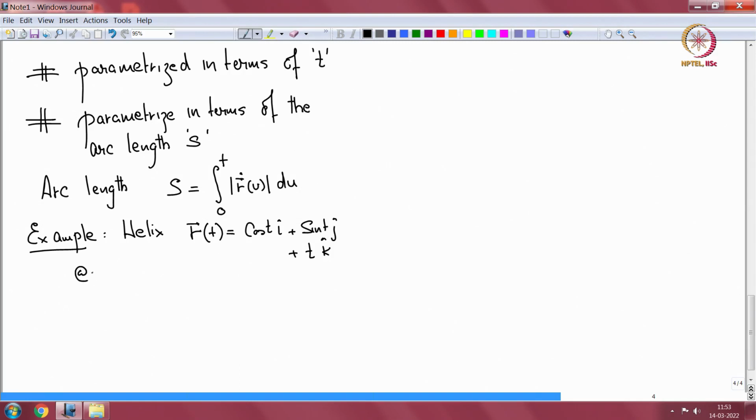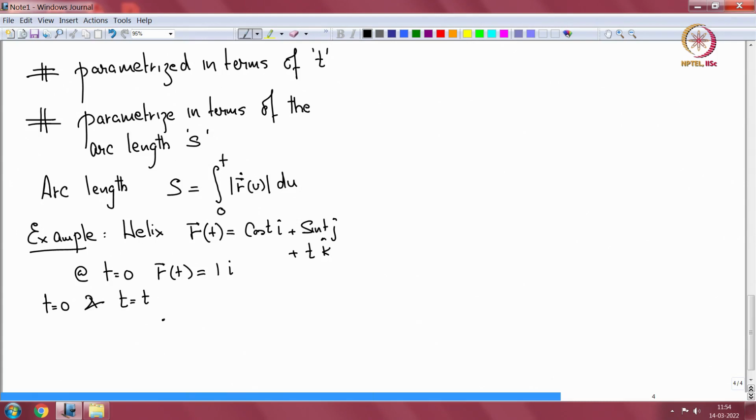At t equal to 0, r of t is 1 i. So the arc length between t equal to 0 and t equal to some t is what?